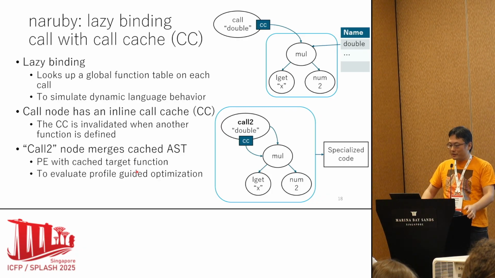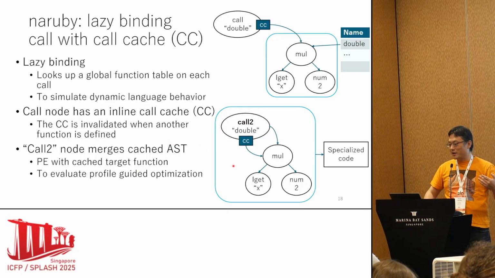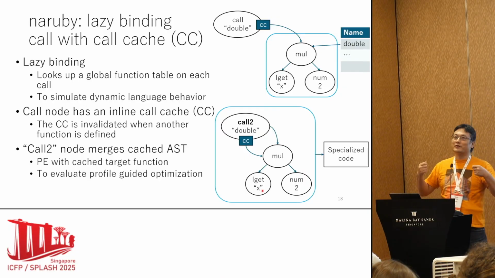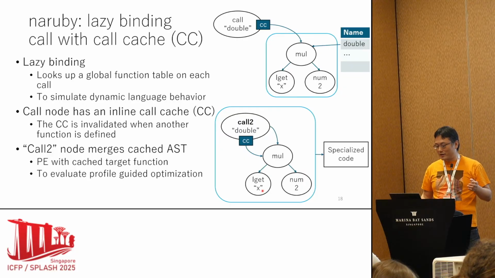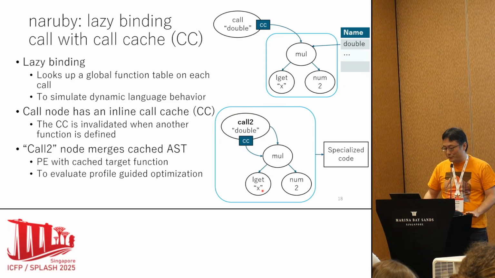So we have to evaluate the dynamic language. So the function calling is lazy binding, and we introduce a call cache. And the call2 node assumes that the cached node can be a bigger AST. So I introduced this idea to evaluate the profile guided compilation.